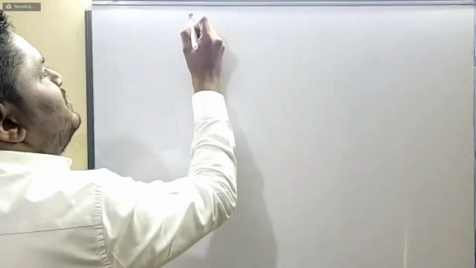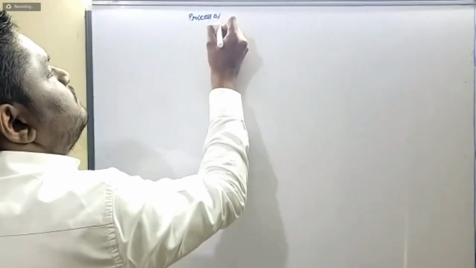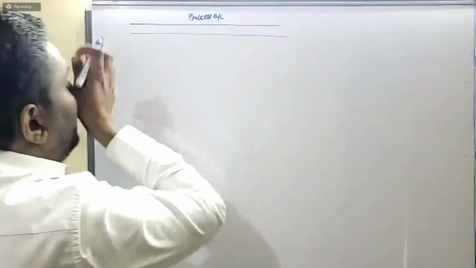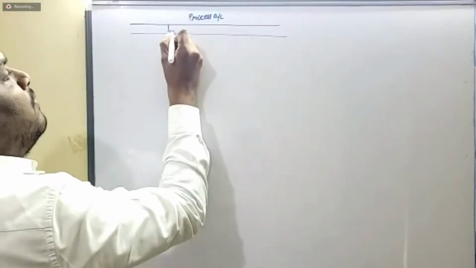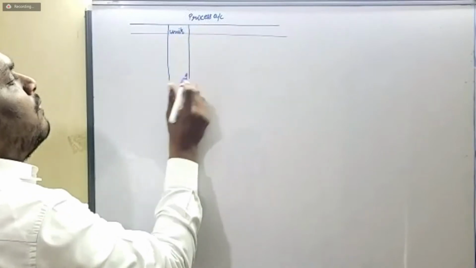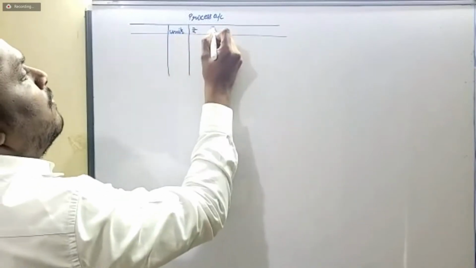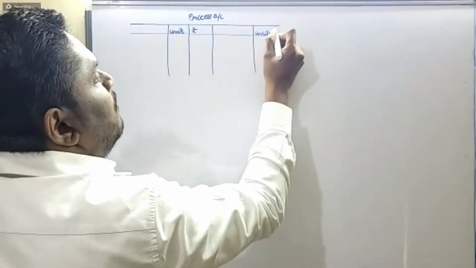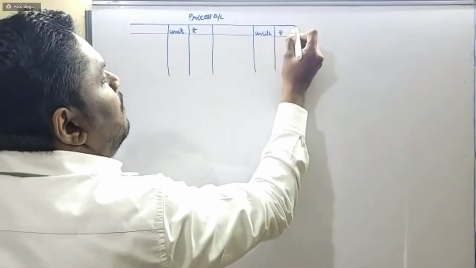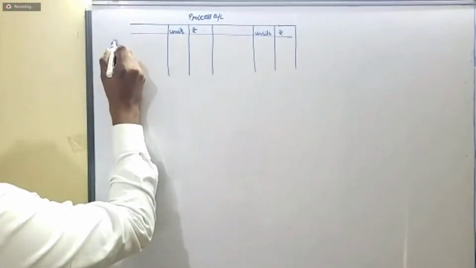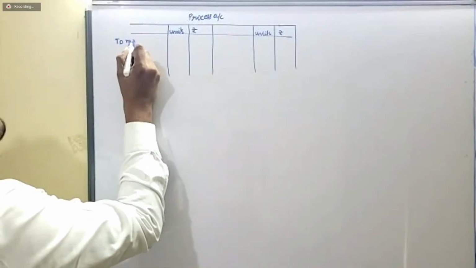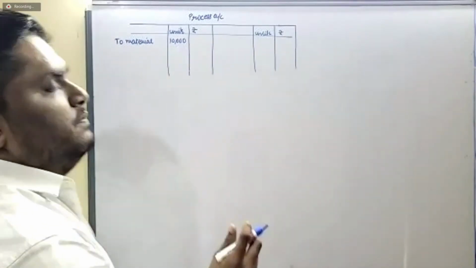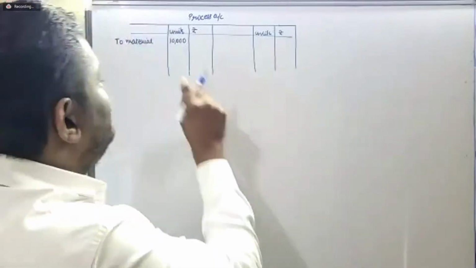So we'll first prepare process account. There is an input of 10,000 units and the cost of material is 49,000.